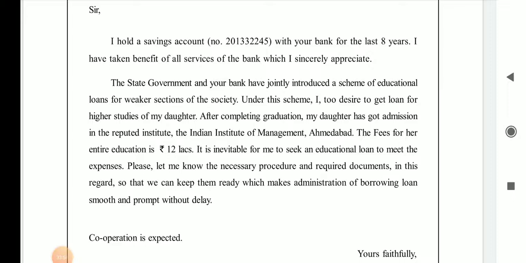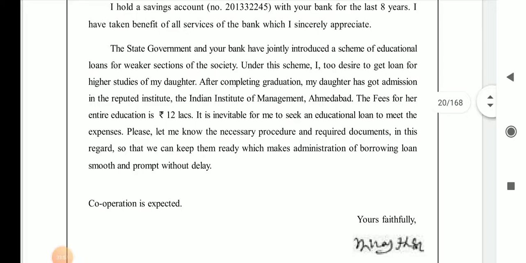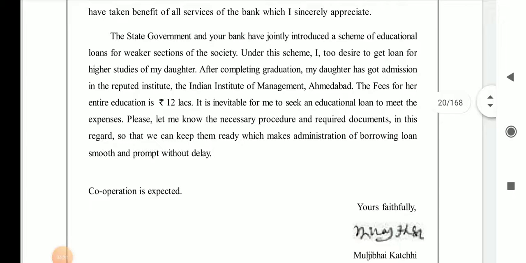The state government and your bank have jointly introduced a scheme of educational loan for the weaker section of the society. See, here this person mentioned that he has information that the state government and the Dena Bank have started a scheme for education loans for the weaker students of the society.